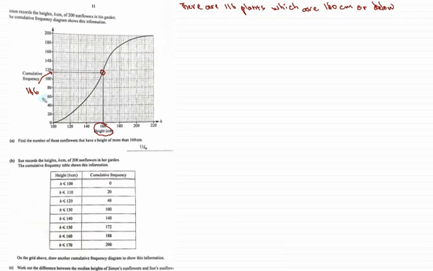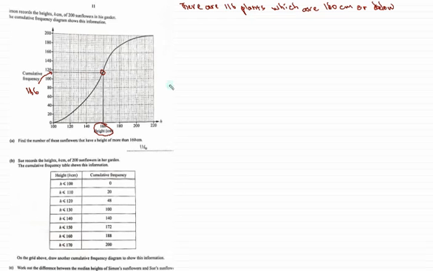There are 116 plants which are 160 cm or below. Okay, that means this 116 plants not only include the 160 cm, those plants that are 160, but it also includes those plants that are less than 160 cm.